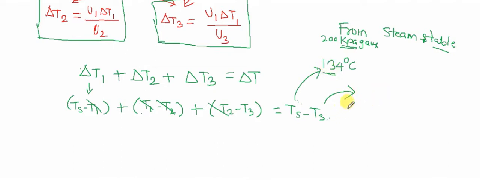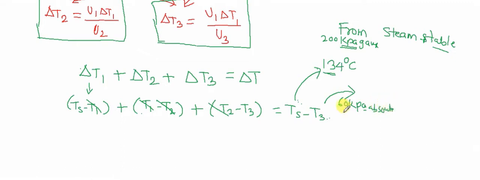Similarly, the pressure in the last effect evaporator is given. How much pressure is given in the last effect evaporator? It is 60 kilopascal, and this is an absolute pressure.